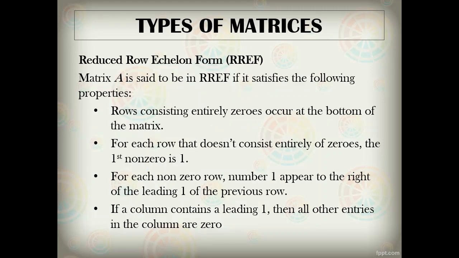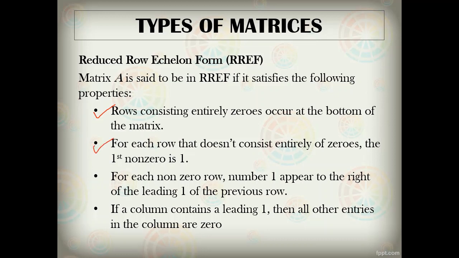The last type of matrix is reduced row echelon form, or in short we call it RREF. For RREF, we have one additional condition or property on top of the REF form. The first property remains similar to REF: if there are entirely zero rows, they must occur at the bottom.